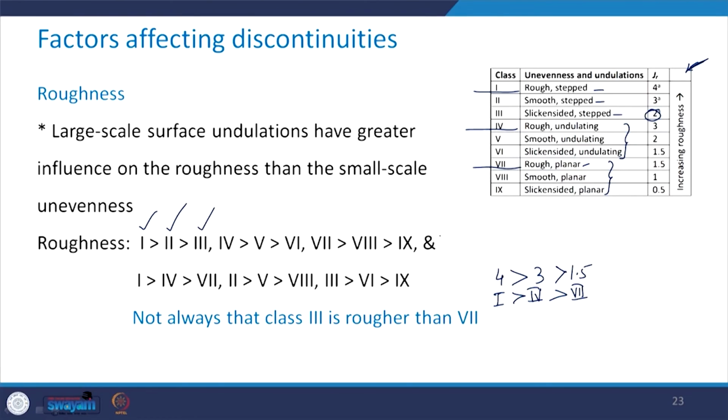Although we can be sure about the relative roughness of these, take a note here that class 3 will not always be rougher than class 7. So what is class 3? This is slickensided stepped, and class 7 is rough planar.